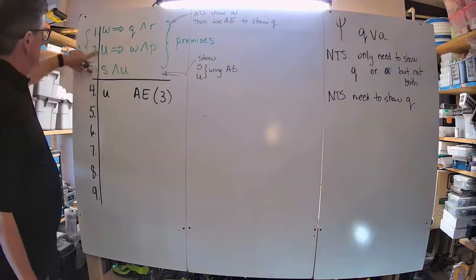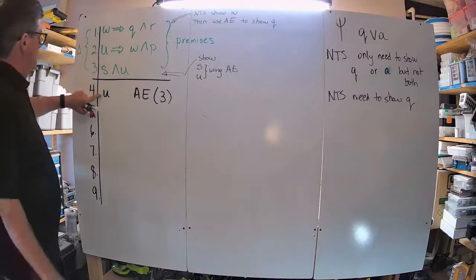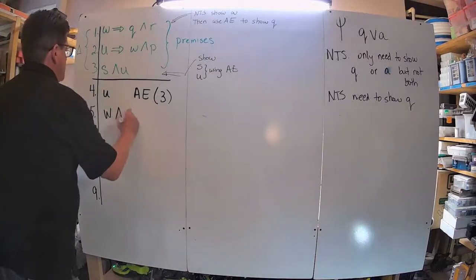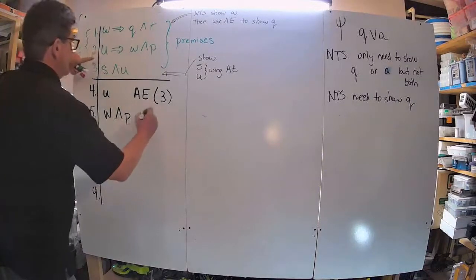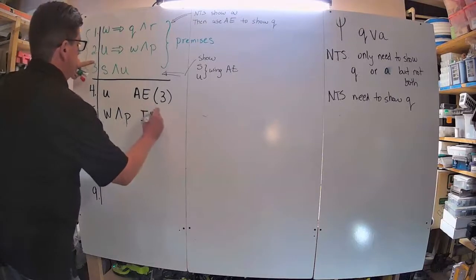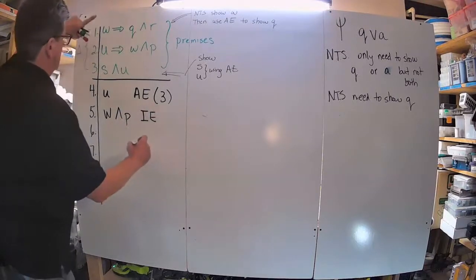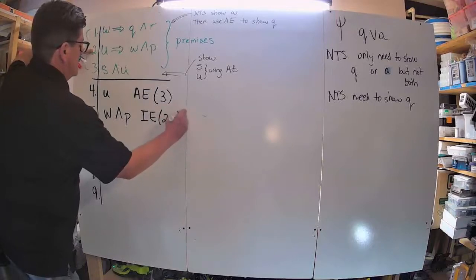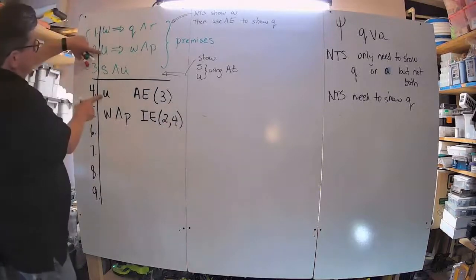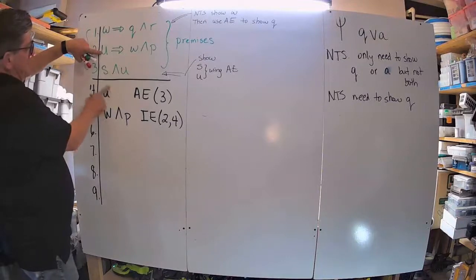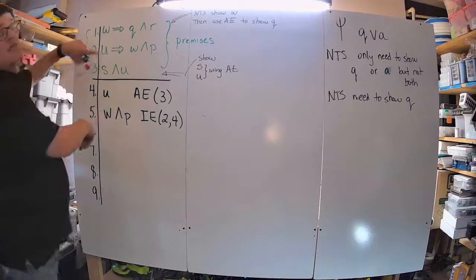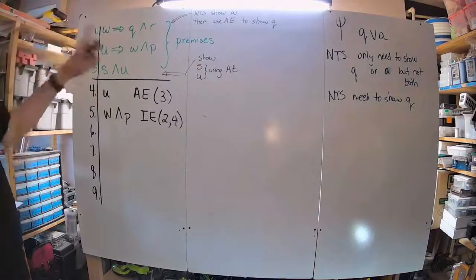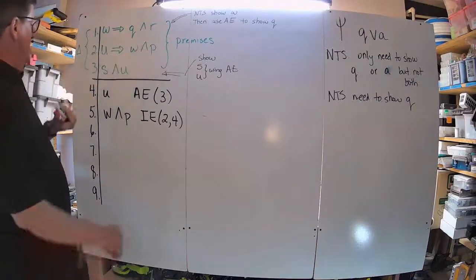Oh, look, these two together get me W and P. That's implication elimination using step 2 and 4. Because look, that's the implication and that's the antecedent. And we know that when the implication is true and the antecedent is true, then the consequent has to be true.